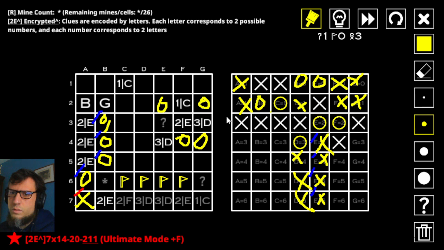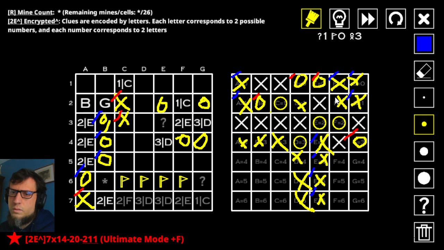Okay, what else did we really get from this? Oh, this G, since it only has 1 here, it can be at most 3, and in fact has to be 3. Oh, but that doesn't eliminate, it eliminates this. Okay, so that means both of these are mines, and it means, okay, one of those is. Alright, so let's mark everything now. This is way more than I thought I would get from something like that.